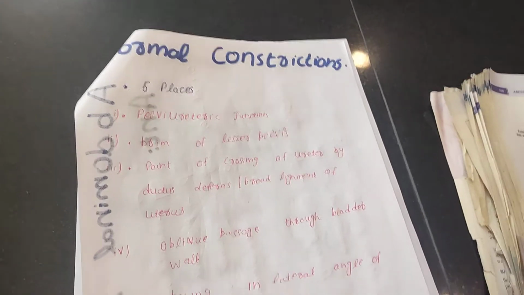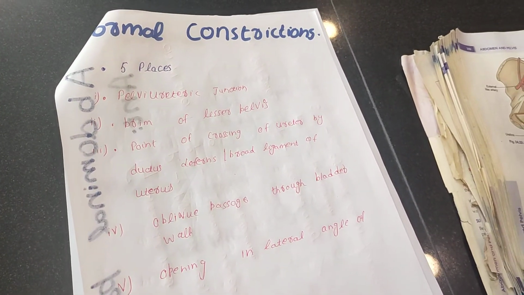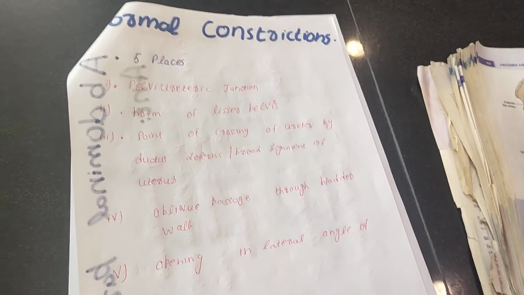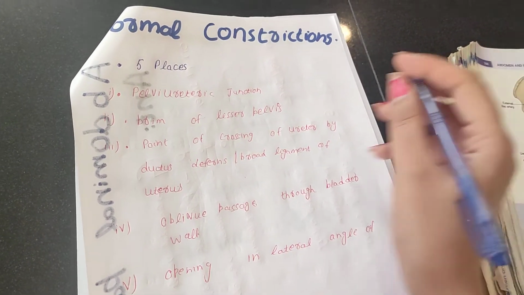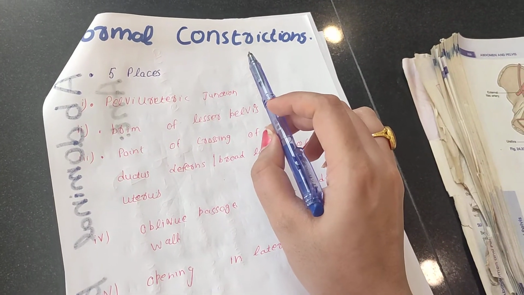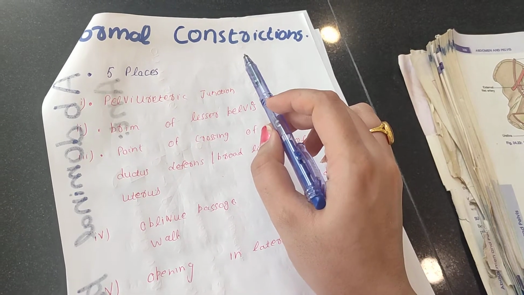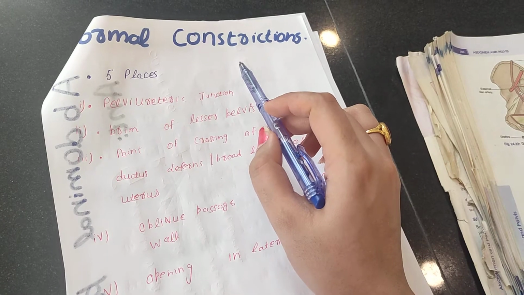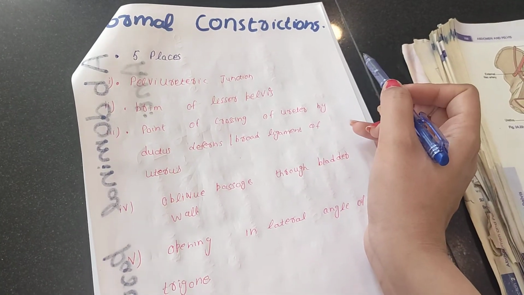As you know, there is stone formation in the kidneys. Sometimes those stones travel through the hilum of the kidney to the ureter. So there are 5 points where the ureter narrows down, and there is a risk of lodging of the stone in the ureter. So these are the 5 sites where we look for obstruction by stones.